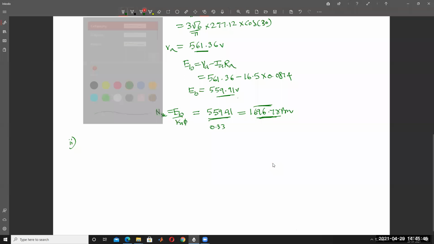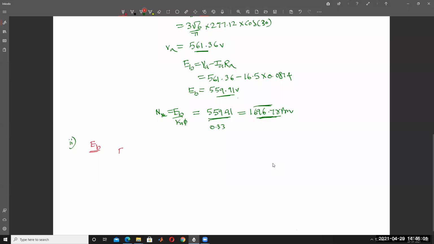First, the back EMF EB. At 1800 RPM, you have to find the motor back EMF. EB is equal to Ka into pi into N. Ka into pi is given, and N is also given.